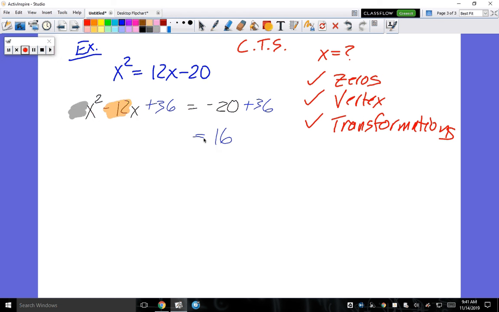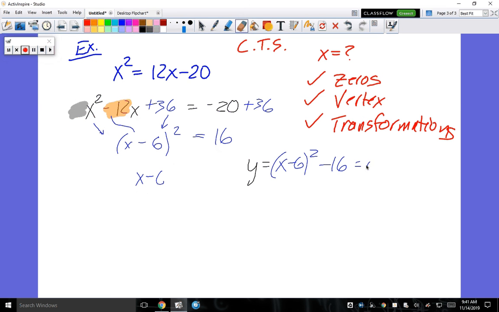This becomes 16. Square root of that, borrow that first sign. This is what I have. If I were to set this equal to 0, just off to the side over here, and move this 16 over, this is the same as saying y is equal to all of this.